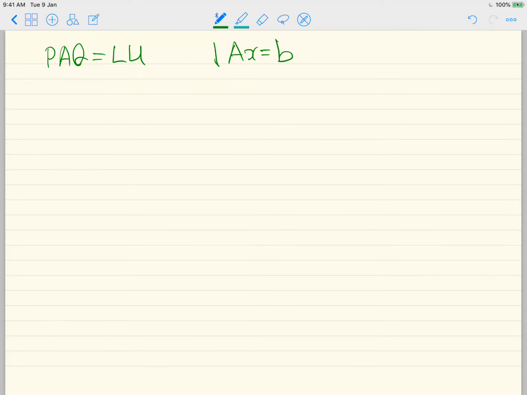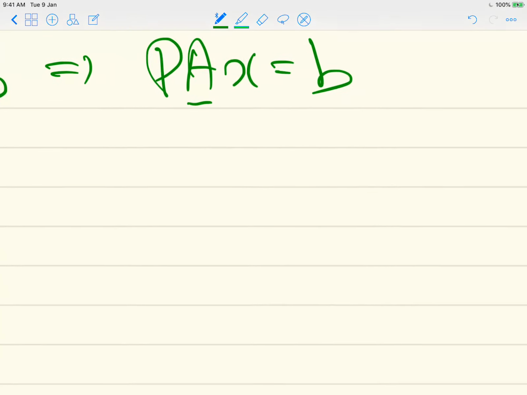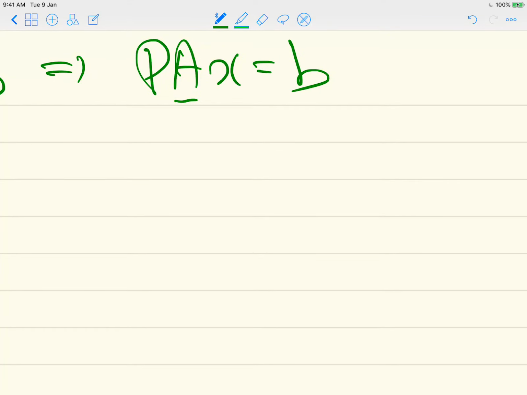Now we want to obtain this PAQ, so we change it to PAX is equal to B. And then how can we put this matrix Q, which is the product of whole column permutations, on the right of the matrix A? It is non-trivial, because we cannot really multiply Q on the right of the matrix A, because we have an X over here.